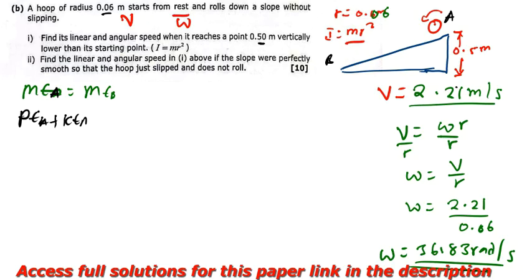I do not expect to have rotational because the object is not rolling. It was smooth, so it was just going without rolling. This should be equal to the potential energy at point B plus kinetic energy translational at point B. At point A, I do not expect to have kinetic energy because it started from rest. At point B, I do not expect to have potential energy. So therefore, I'll end up having this.